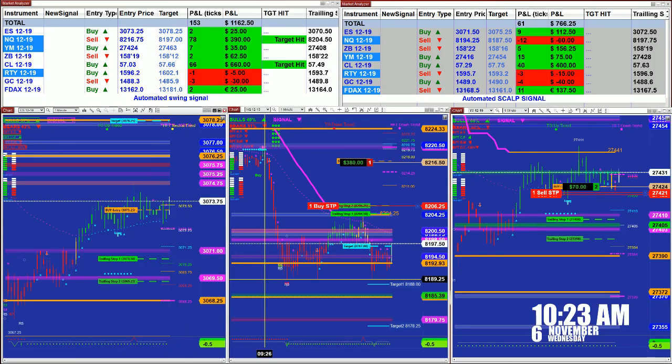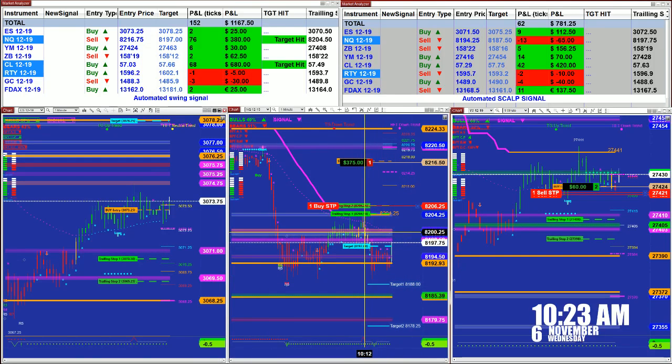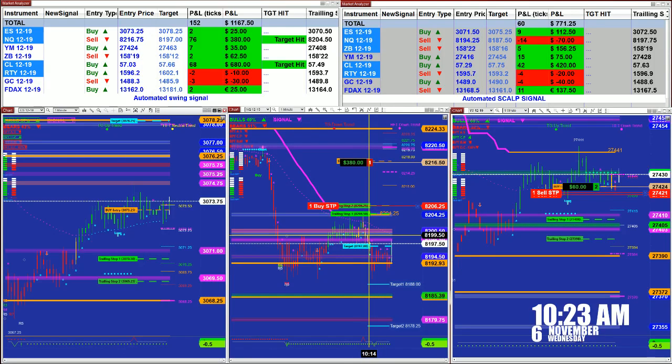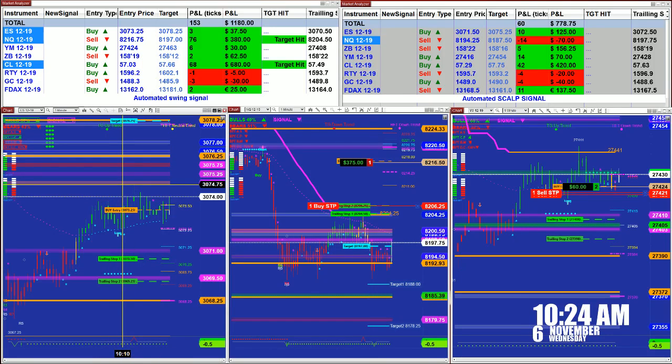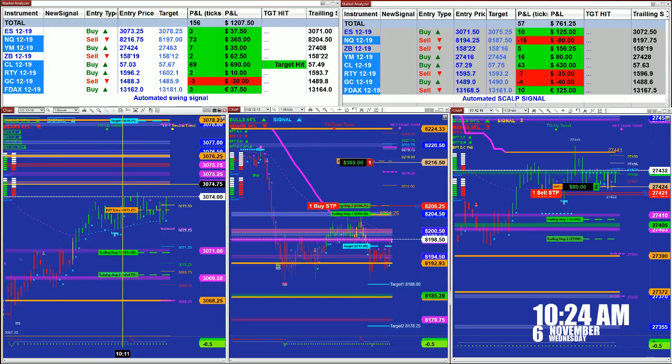The Nasdaq is stuck on the resistance areas here, and I'm not interested in doing anything else on the Nasdaq. ES, I'm not interested in anything above this number, 3074, 75.